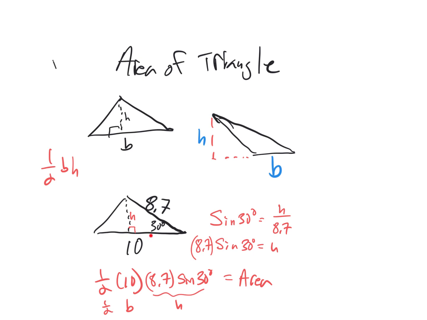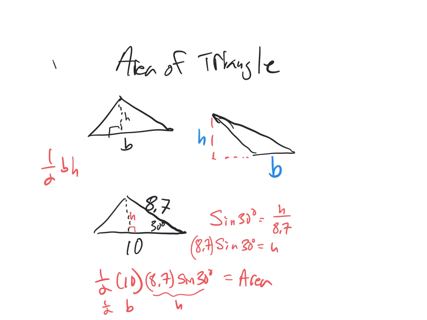Well, I know it's 1/2 the base, so 1/2 times the base of 10, but I need to find the height. Because I have a 30-degree angle, we do not need trigonometry for this because it's a 30, 60 right triangle, but I'm going to show you how it works with something that we know. All right, so there's the height, and here's the hypotenuse. That's a right angle, so here's the hypotenuse. Here's the angle we're looking for, so I know I want the opposite side.